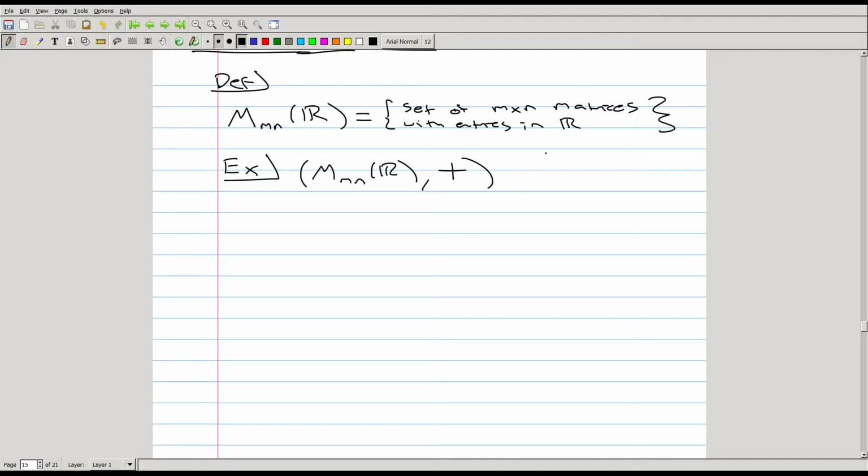This is a group. And this is actually an abelian group, because for any two matrices, A plus B equals B plus A.